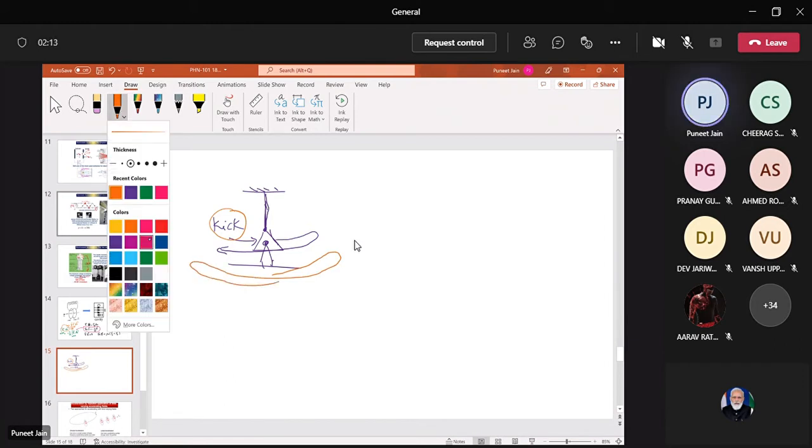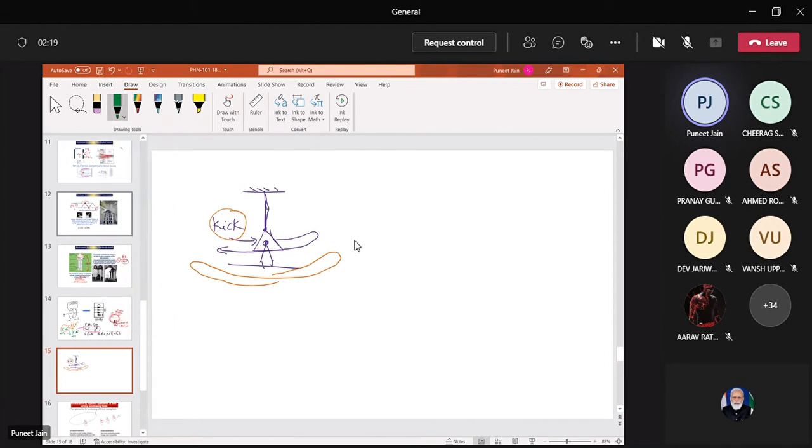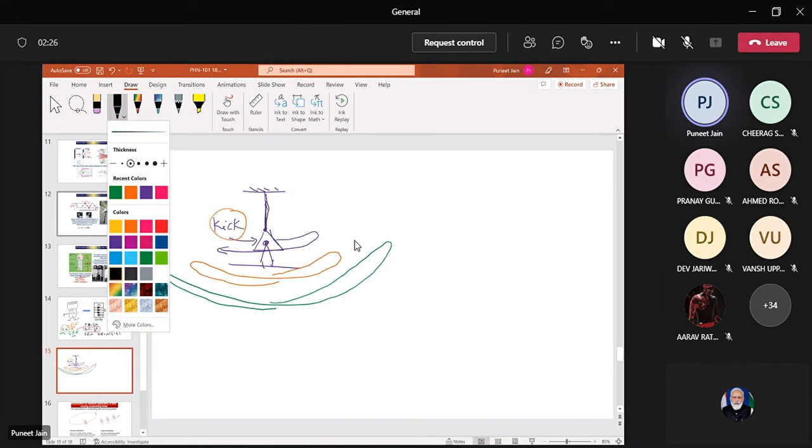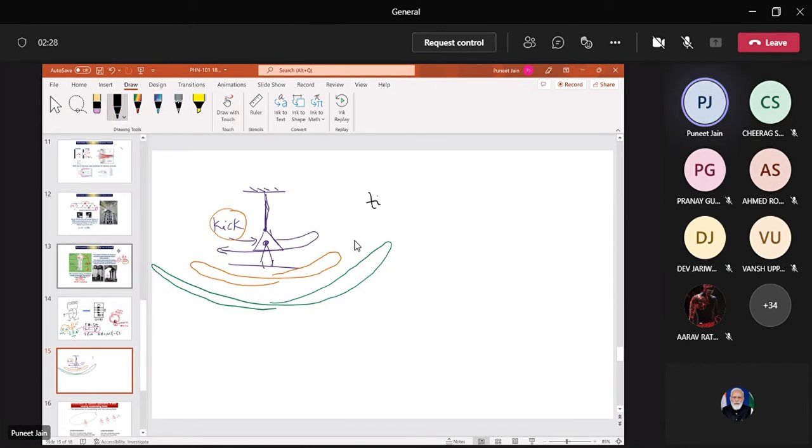Then when it has come back and is ready for the third one, the kick should be at the right phase, then it will go further beyond this. So you can see time dependence is there.